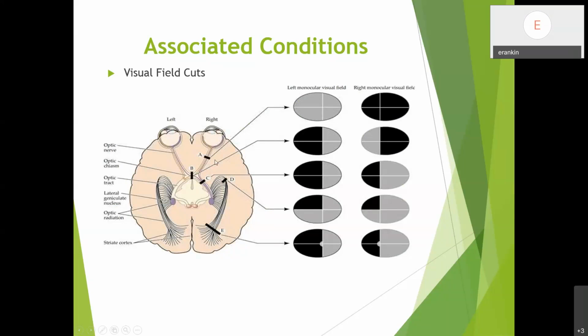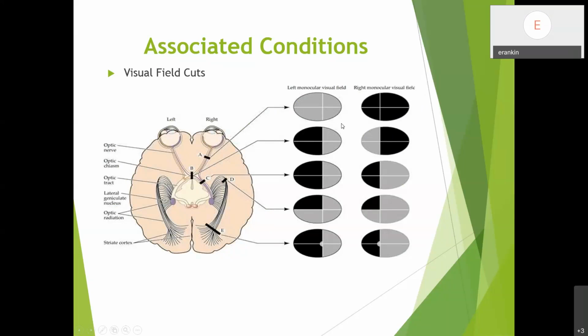If you think of this like a wiring diagram for setting up an HVAC system, that's a good way of thinking about it. At A, that's going to take out your right eye. You won't be able to see anything out of that right eye.